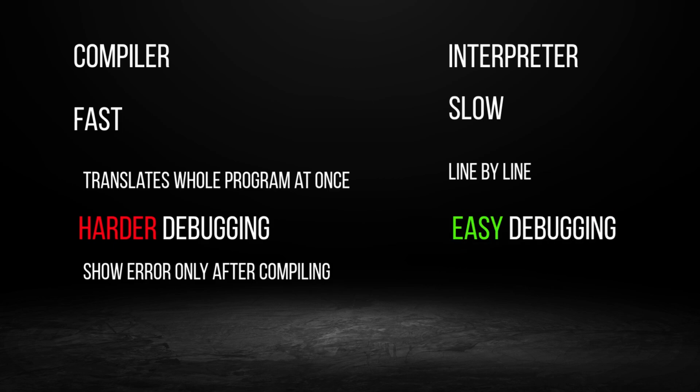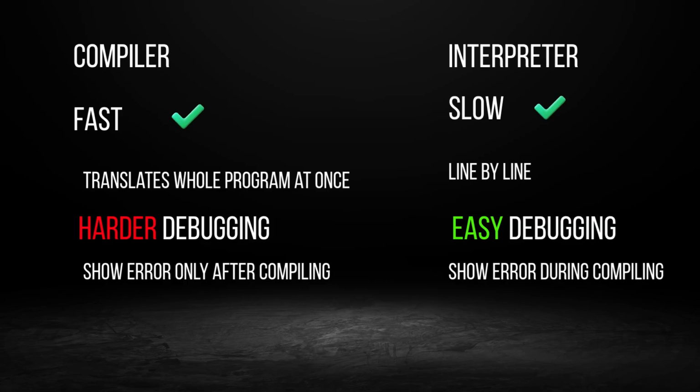This is an exam favorite. Compiler is fast, but errors show late. Interpreter is slower, but errors are shown immediately. Remember with examples.